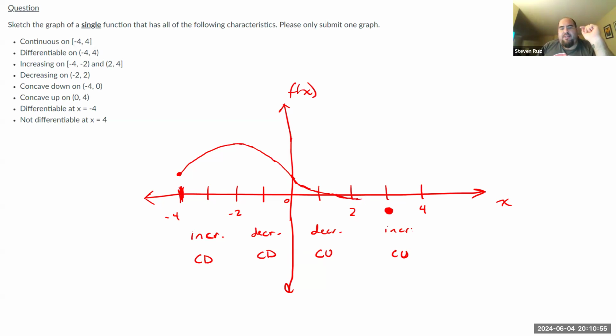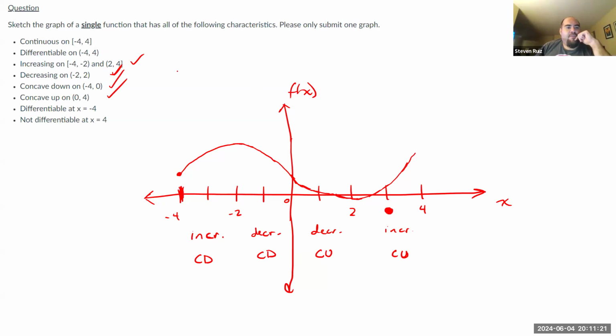Not only do I want to be increasing, I want to be concave up, so I need to be increasing at an increasing rate. I believe we have handled everything that deals with the increases, decreases, concave up and concave down.